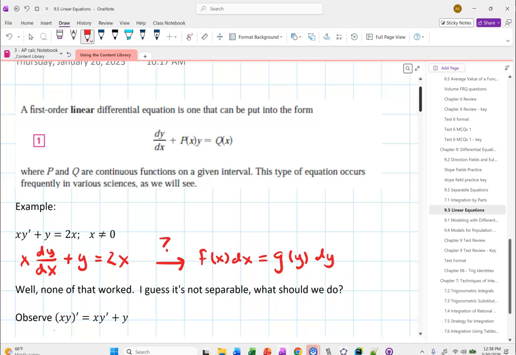You can try anything you want, you're not going to be able to get it to do that, which means it's not separable. So we've got to find a different way.